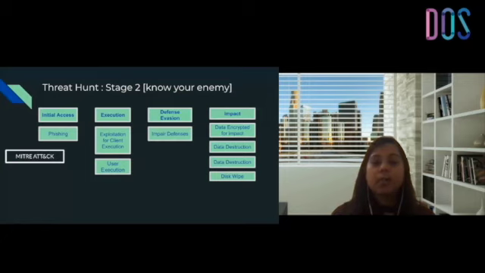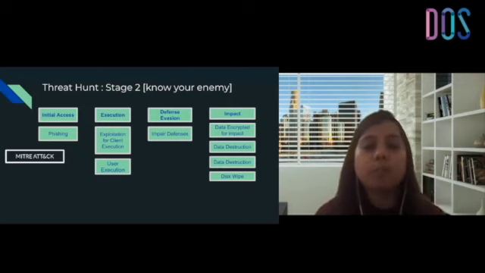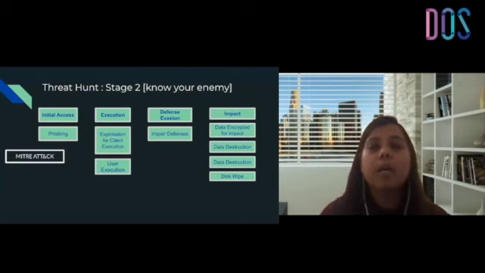So mitigation for this would be to disable macros across your organization as a security policy and as a check. EDR tools actually allow you to do this, and you can enforce this. So users, even if they have admin access to some of the things, they can't do it.